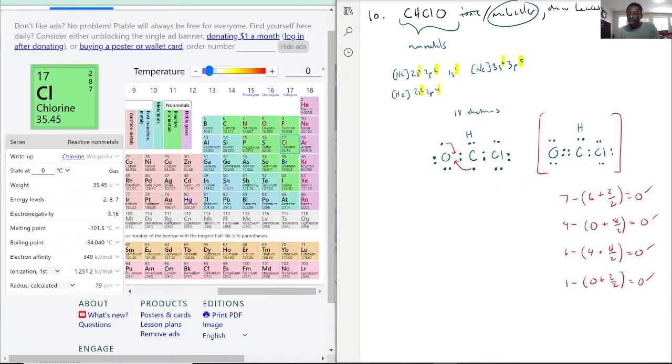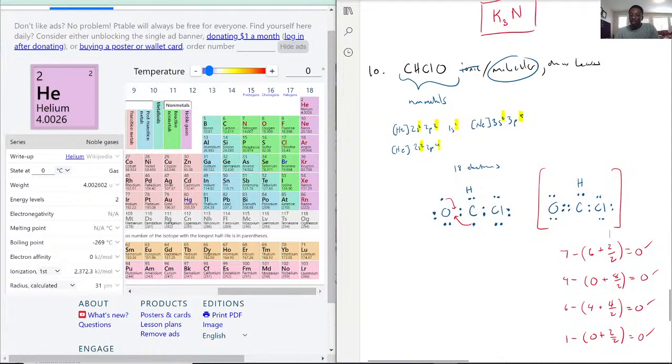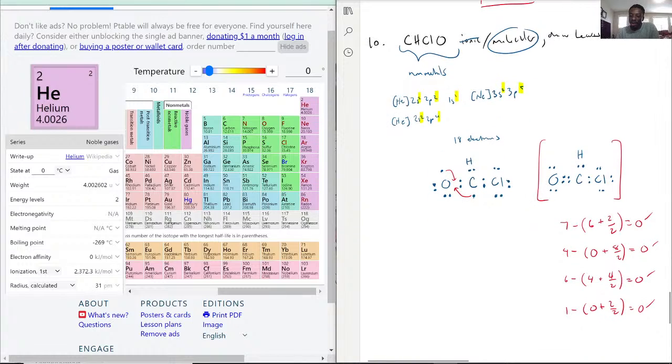This right here is the Lewis structure for CHClO, and it'll look like this with bonds, with carbon in the middle, Cl, oxygen, and then hydrogen right there.